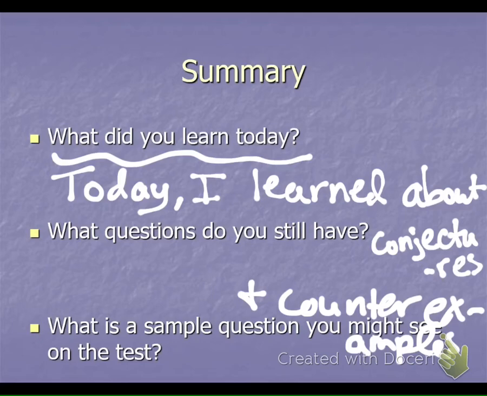And you'd have to come up with a counterexample. What would a counterexample to that statement be? There are sophomores. There are juniors. There are seniors. Okay? So you can do counterexamples even with things that aren't math related. And that's what I like to do on the test. Just throw a curveball in there, see if you really get it. So anyway, that's kind of what these would look like.